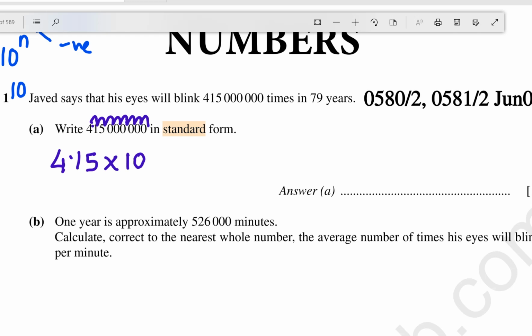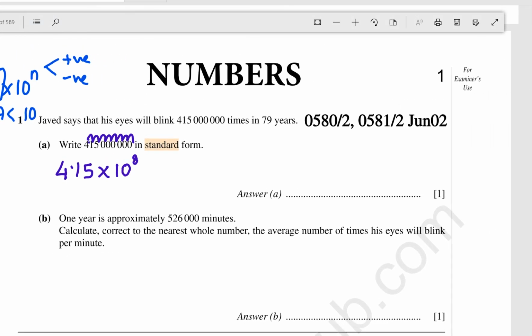That means if I write this as 4.15 into 10 raised to the power of 8, I will get the number which is equal to 415,000,000. So I've written the number in the standard form. My final answer is 4.15 into 10 raised to 8.